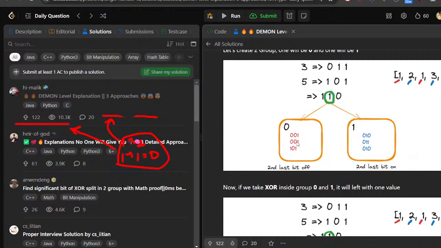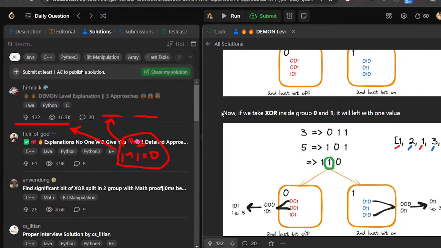If the second is 0 and value is 1 and here also 1 is present, so why over here this one is there? Okay, order doesn't matter, na? Order doesn't matter.